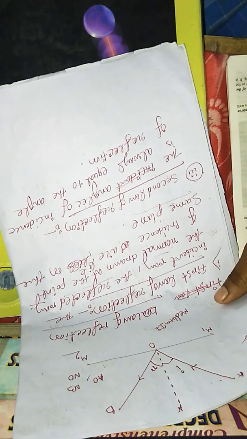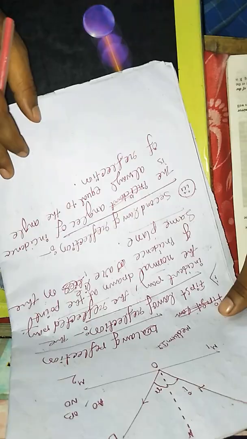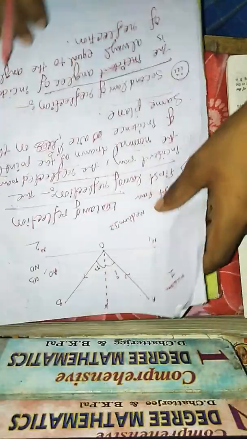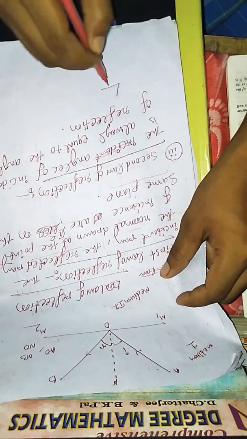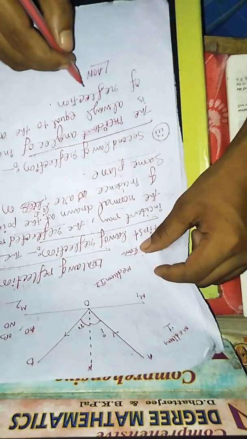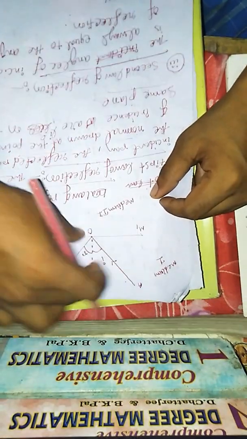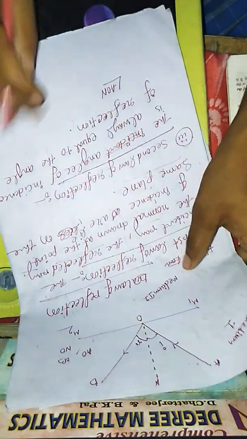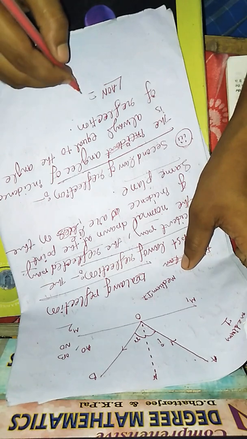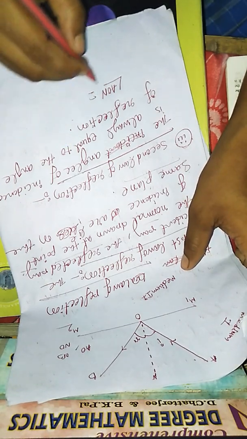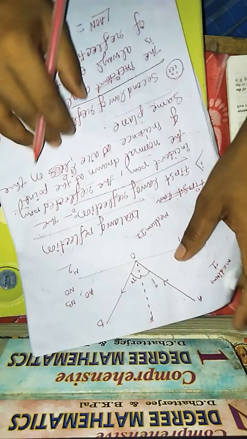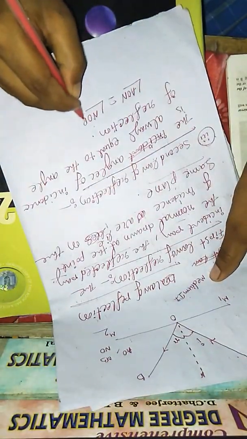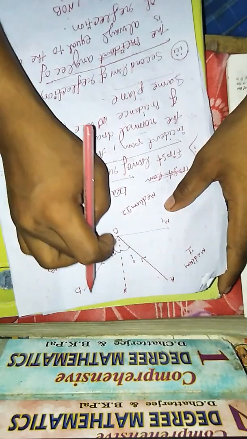Okay, let's deduce this mathematically. From this picture, the angle of incidence is angle AON. According to the second law of reflection, this angle is equal to the angle of reflection, which from the picture is angle NOB.